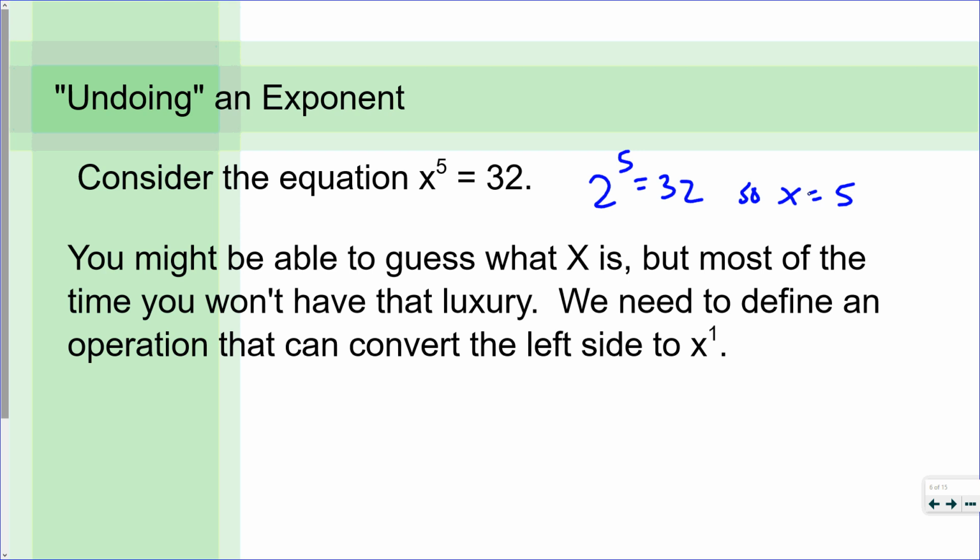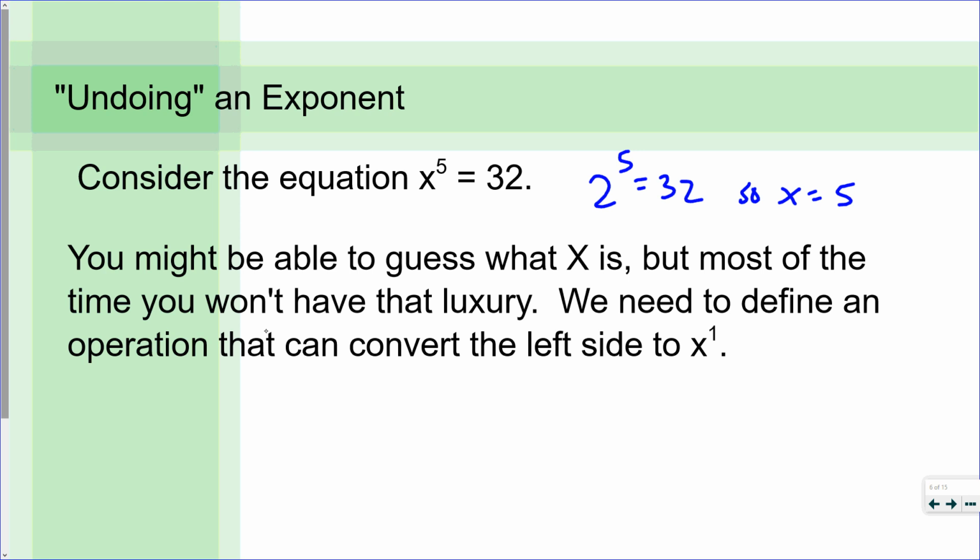Remember that we need an operation that can turn that x to the fifth into x to the first. Well, how can I do that? I know that x to the fifth divided by x to the fourth is equal to x to the first, but that would require us dividing by something whose value we don't know. So that doesn't work.